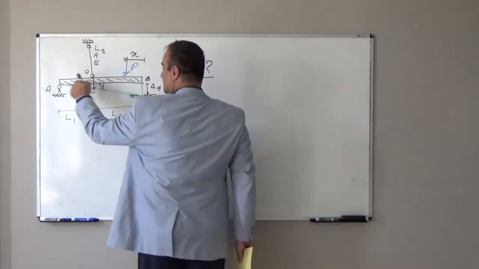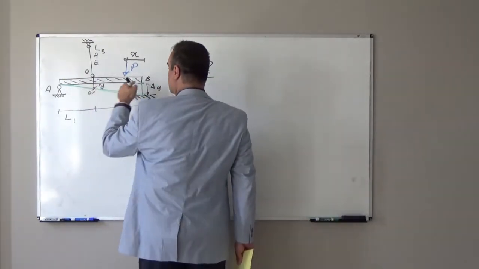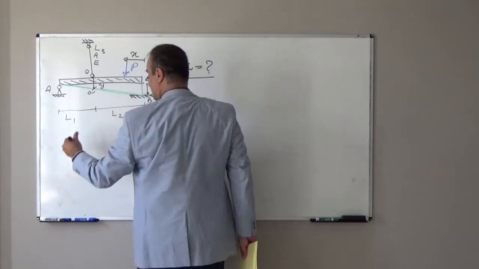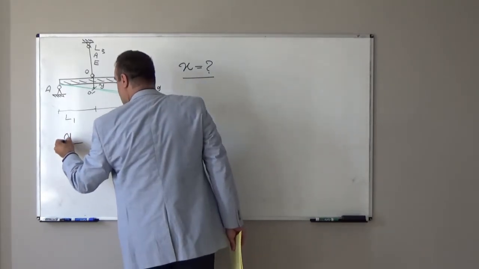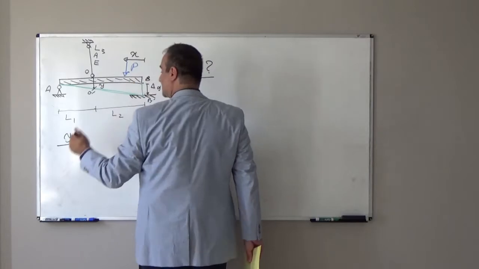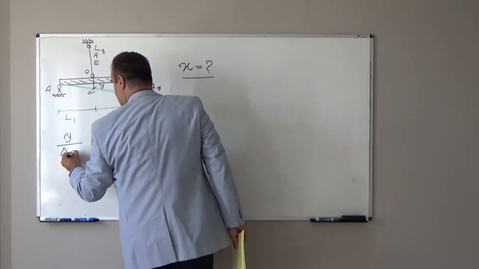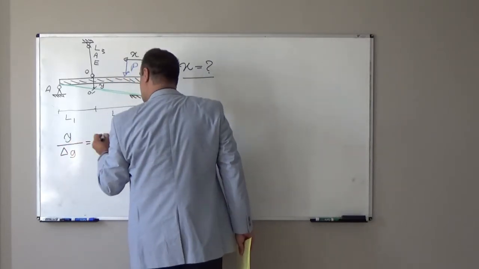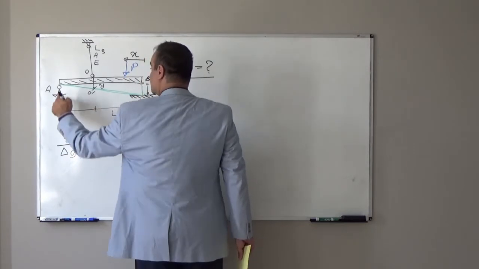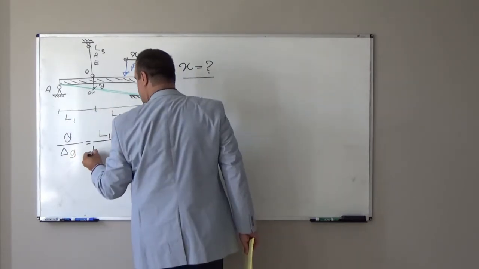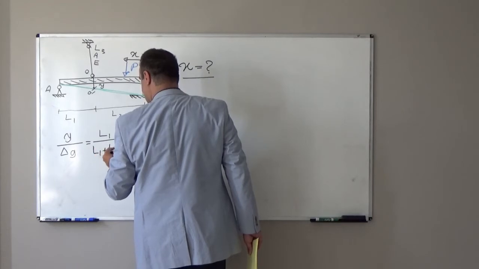But look at this triangle and this bigger triangle. y divided by delta gap is equal to L1 divided by the entire length L1 plus L2.